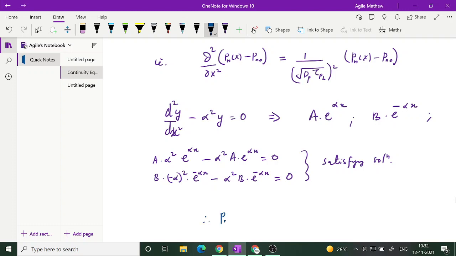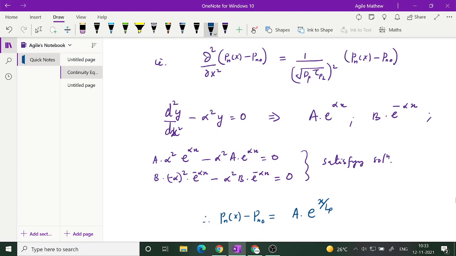Therefore our variable is Pn of x minus Pn0, and we are saying it could be equal to a into e raised to plus x by LP.